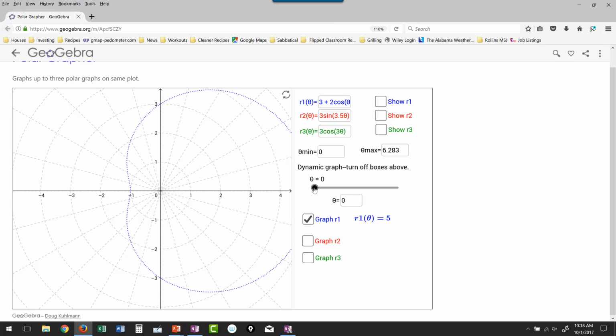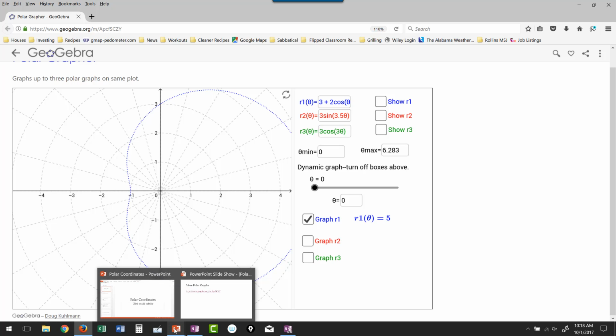Right, so there are lots of different kinds of polar graphs. You can feel free to experiment with these as you wish. I'm not going to ask that you remember the names of all the shapes, some of the common ones, but I did want to make you aware that you can get some fairly interesting shapes.